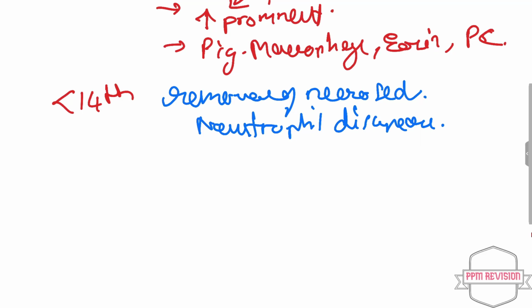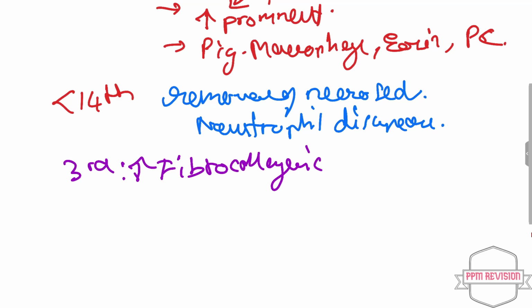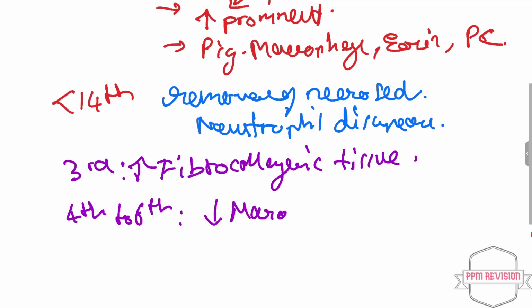Moving ahead with the 3rd week, we can notice that the necrosed material is removed, as well as an increase in fibrocollagenic tissue. Then looking at the 4th to 6th week, we notice similar findings, that is, increased fibrocollagenic tissue, as well as a decrease in macrophages, lymphocytes, and plasma cells. So we are done with the microscopic features.